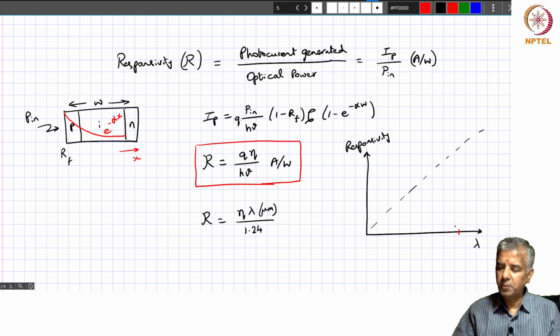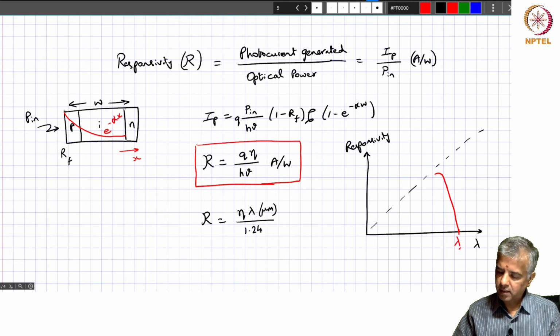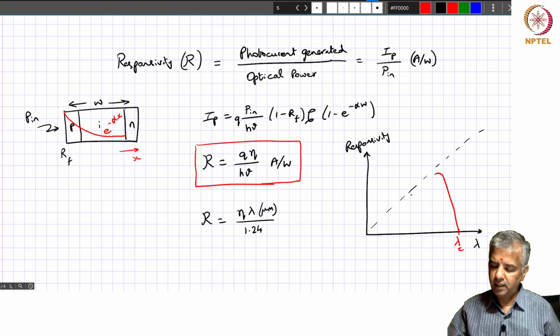That corresponds to this point over here. You can call this lambda c, the cutoff wavelength for a given material, and for anything less than lambda c, you have a responsivity.